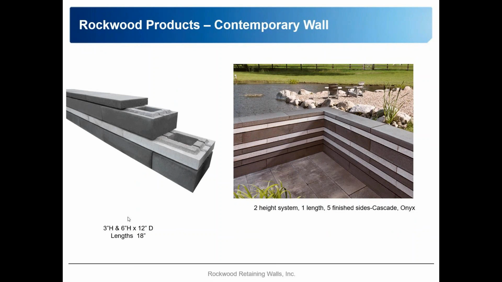Contemporary wall. So this is a very clean line, smooth face look that first gained popularity on the East Coast and really even north of the border up in Canada. And this look and appearance has continued to gain interest over the last 3 to 5 years. Now at Rockwood, we've had the benefit of seeing different versions of this look.